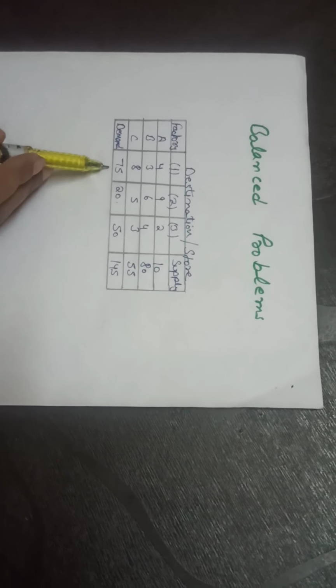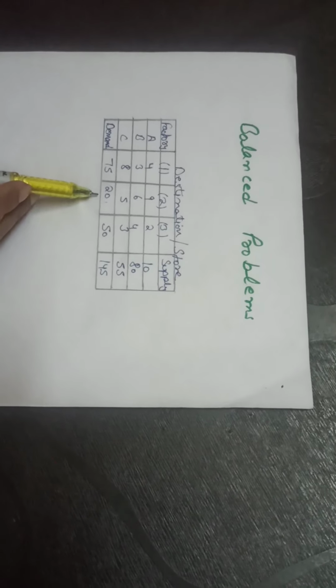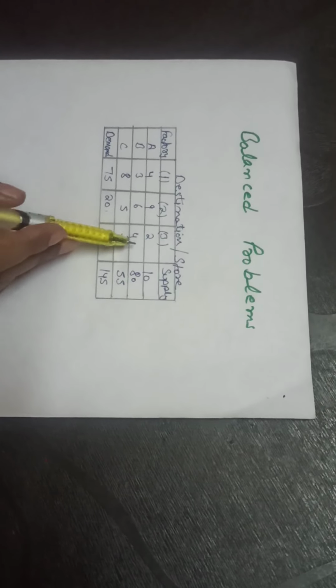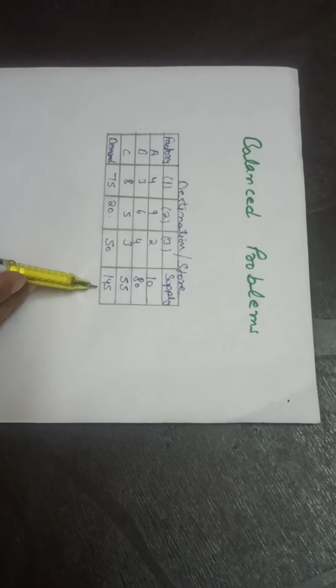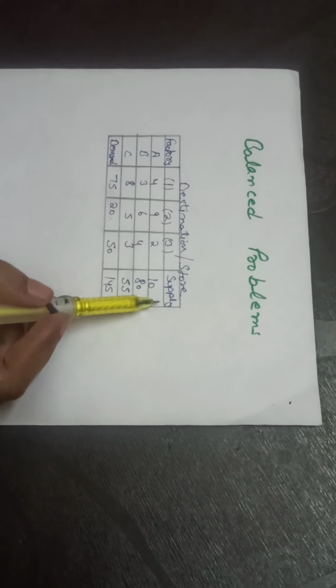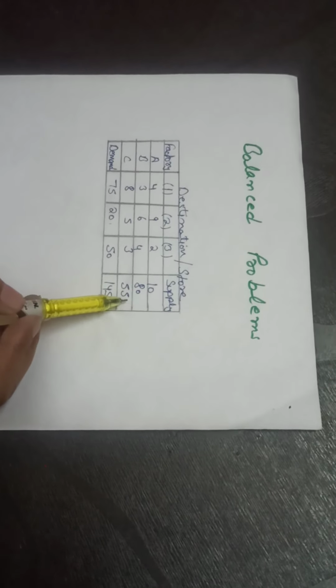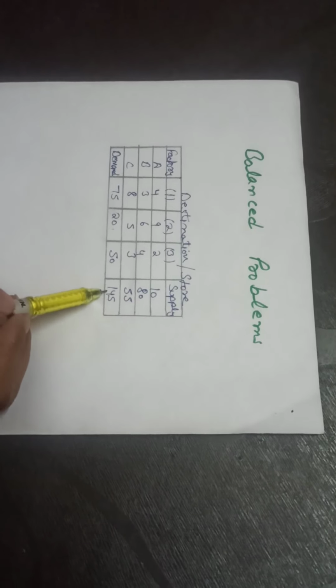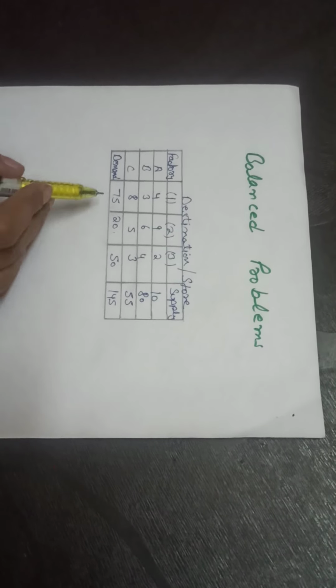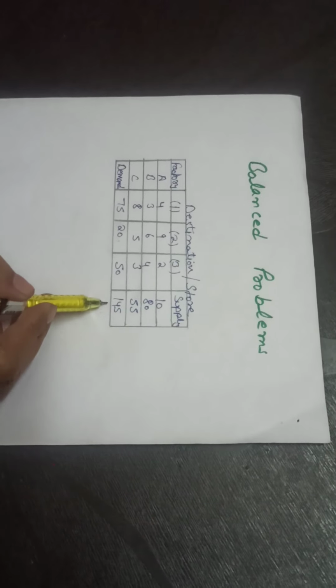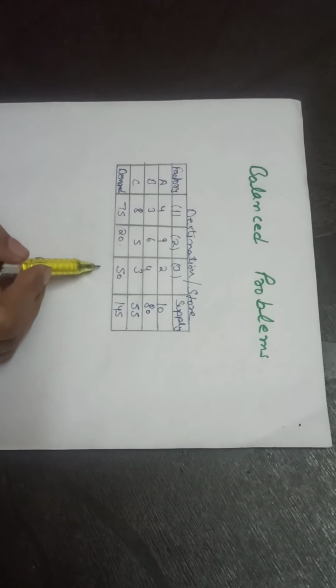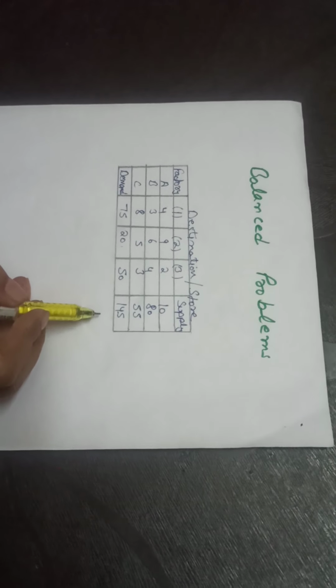In the first store demand is 75, in the second store demand is 20, in the third store demand is 50, and the total demand is 145. And supply is 10, 80, 55. Its total is 145. It means total demand is 145 and total supply is also 145. So we can say this is a balanced problem.